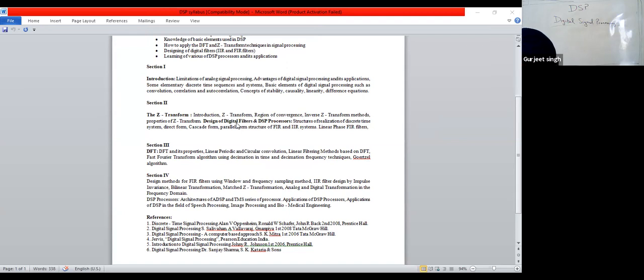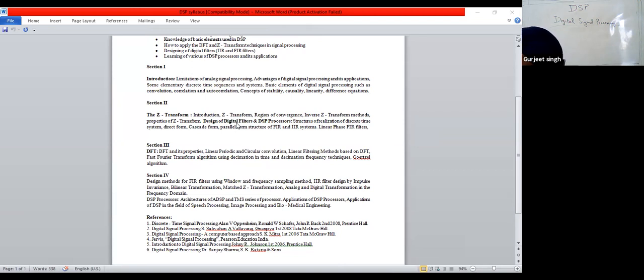We will do the Z transform. Like we have done the Laplace transform and the Fourier transform, in a similar way we will do the Z transform. The Z transform is basically for digital signals.